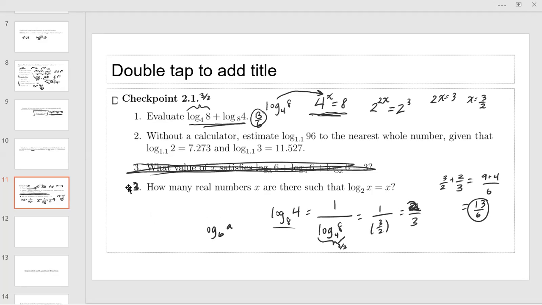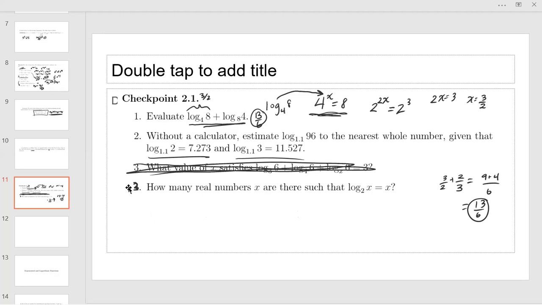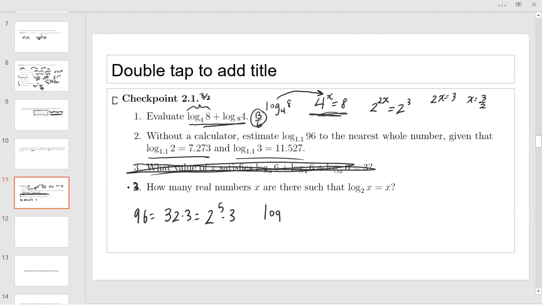Now, we want to estimate the value of the log of 96 base 1.1 given these two values. So first, we can factor 96 into 2's and 3's. So we have 96 is equal to 32 times 3, which is equal to 2 to the 5 times 3. Remember that the log of a times b is the sum of the log of a and the log of b.